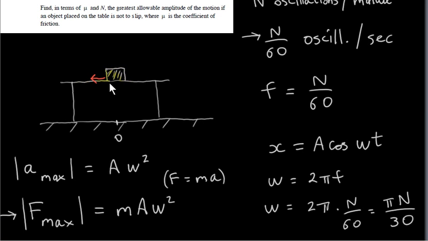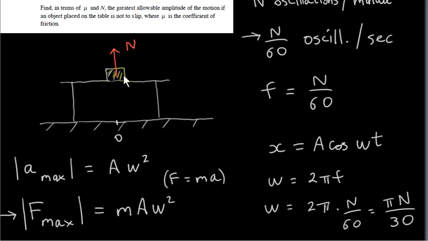Now we're interested in the maximum force that can be exerted on this object. We know from previous videos that the friction force depends on the normal reaction, or normal force, on this object due to it being in contact with the table. That normal force is perpendicular to the surface of the table.